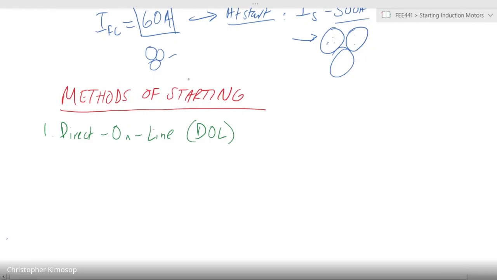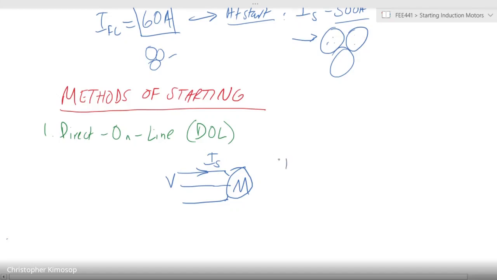And this will look like you will have your motor, let's call it that, and it will be connected like so, okay? You will have a voltage applied directly and a starting current applied directly to your motor, okay?